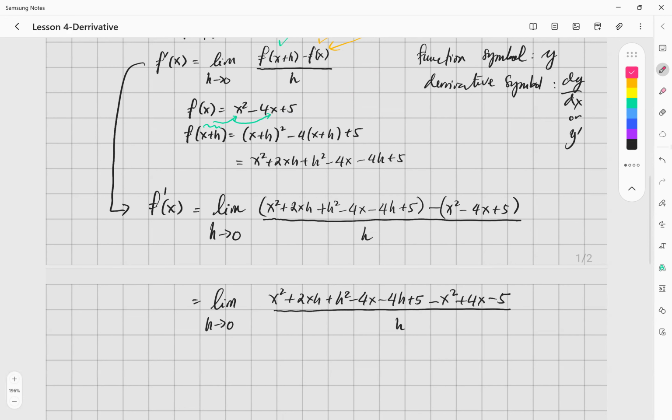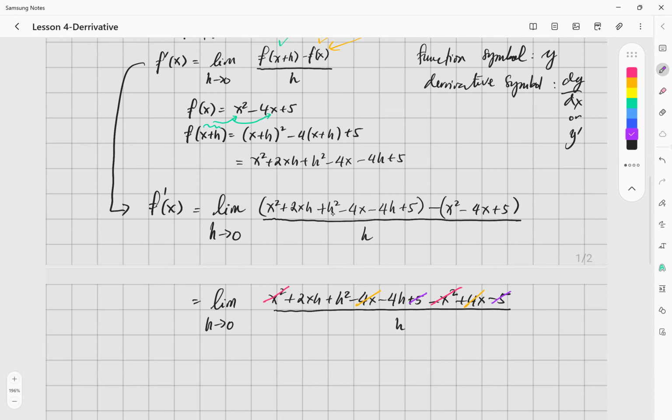So x squared minus x squared, you take it out. Minus 4x plus 4x, you take it out. Plus 5 minus 5, take it out.